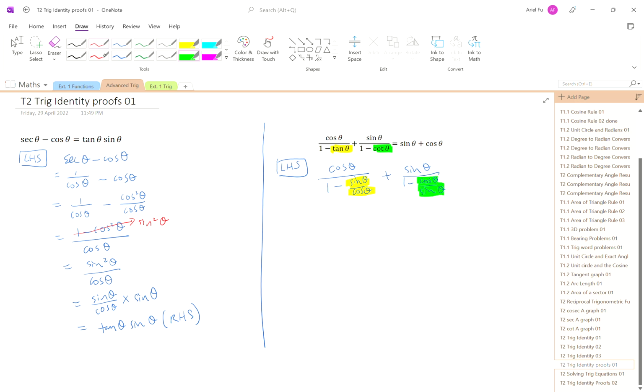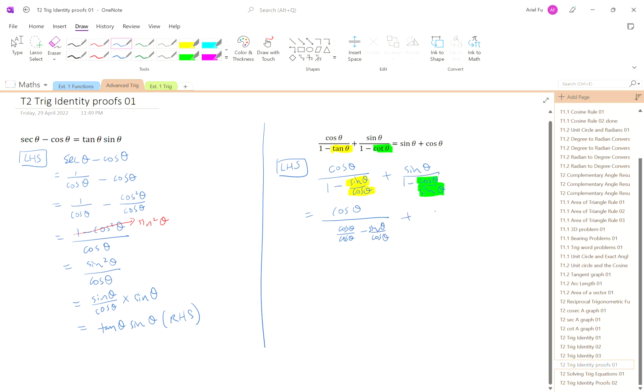All right. Once I've done that, I look at it and ask, what can I simplify in the first fraction? Looking at the denominator and combining it into a single fraction, you're going to get cosine theta over cosine theta, take away sine theta over cosine theta.